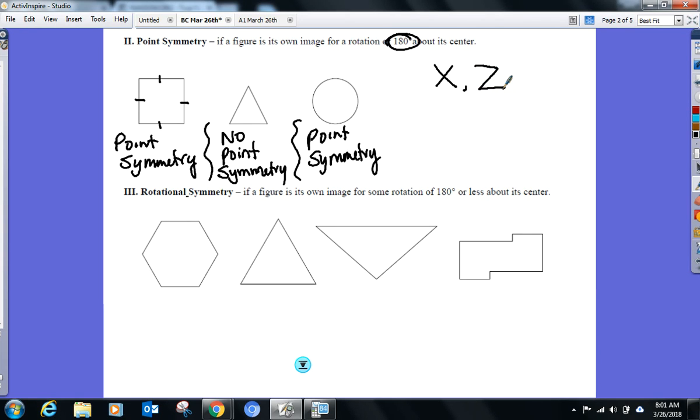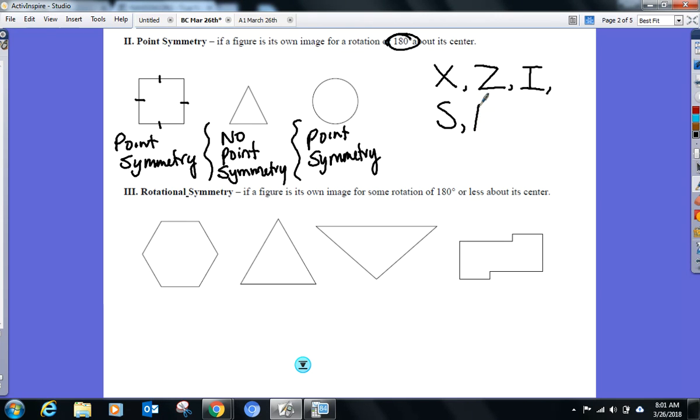Draw a Z, rotate your paper. Is it the same Z? Darn right it is. All right, what do you got, Evan? I. Yep. Stacy. S. Yep. Z and S are ones that have point symmetry but do not have line symmetry. Those are two letters that have point but not line symmetry. Frank?